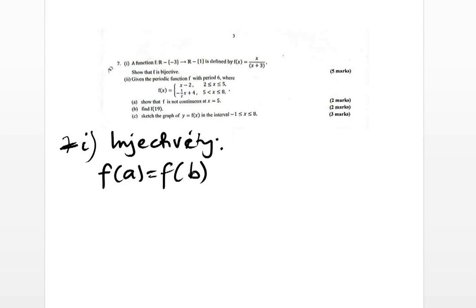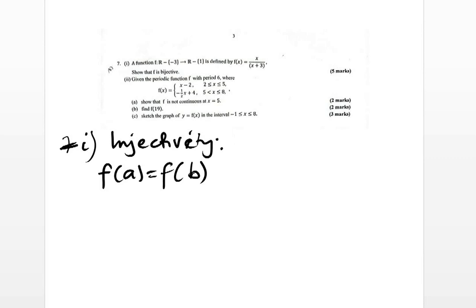If it is both injective and surjective. Now, let's start by proving injectivity. Injectivity is like a one-to-one mapping.